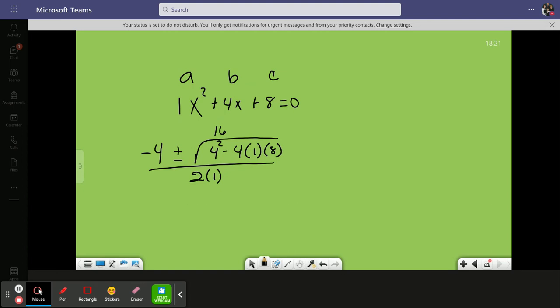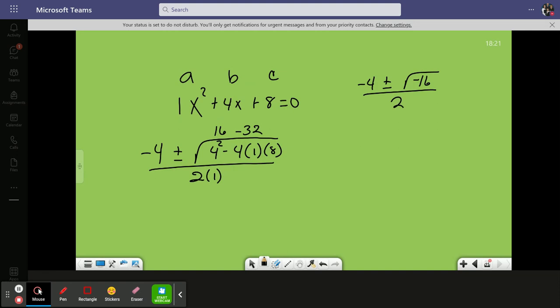But 4 times 1 times 8, that's a negative 32. Yes? So I have negative 4 plus or minus the square root of negative 16 over 2.